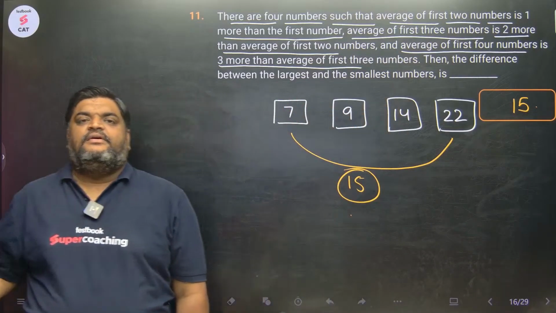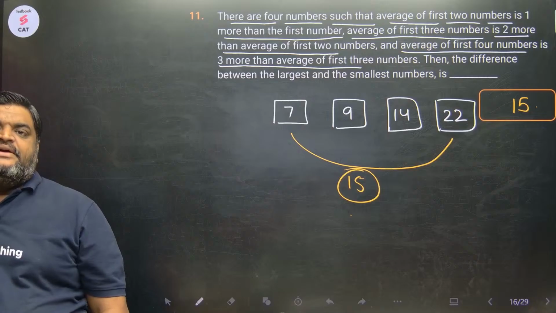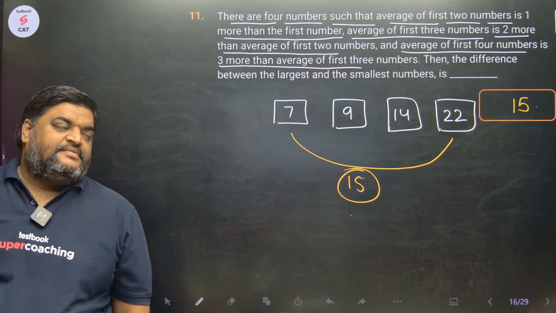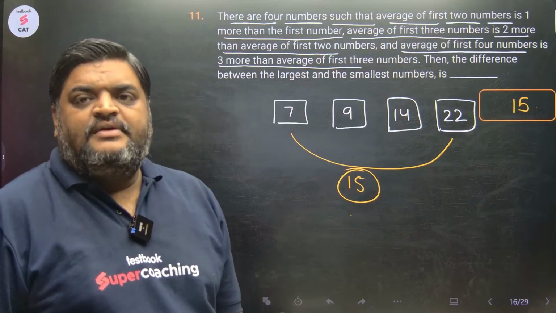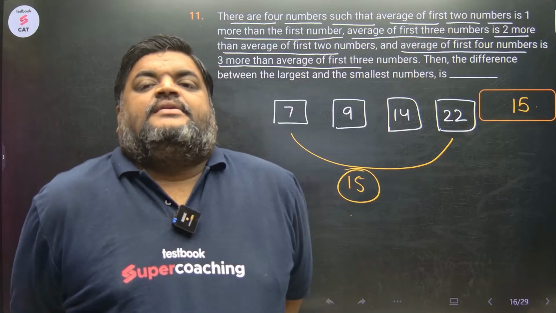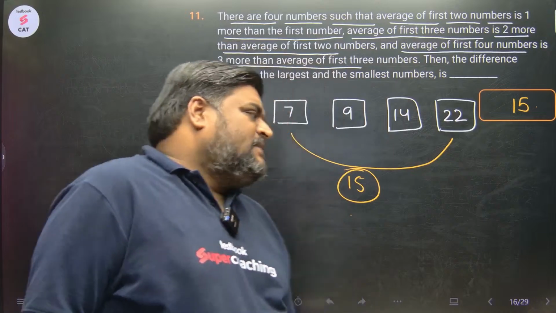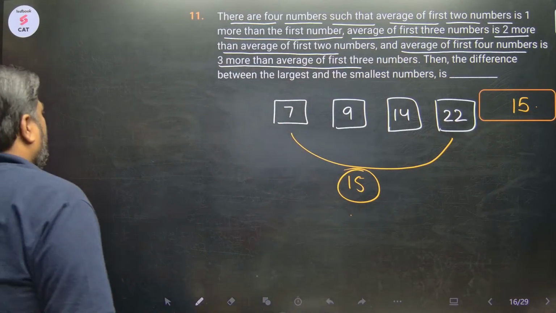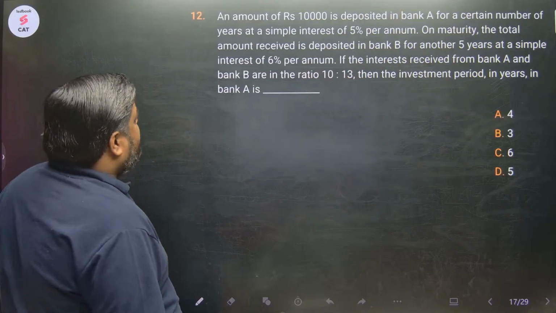It's the difference between largest and smallest. Okay. 8. Easy one. In fact, slot, if you do it properly now, you can find most of the questions easy. Let's jump to the next question.